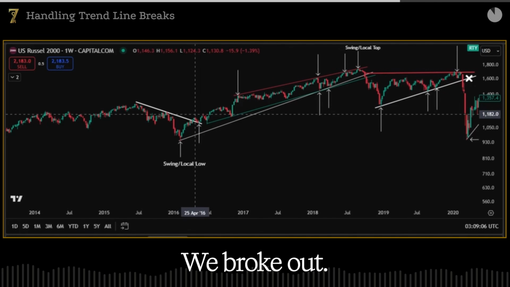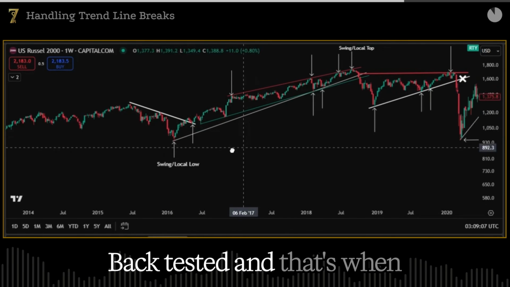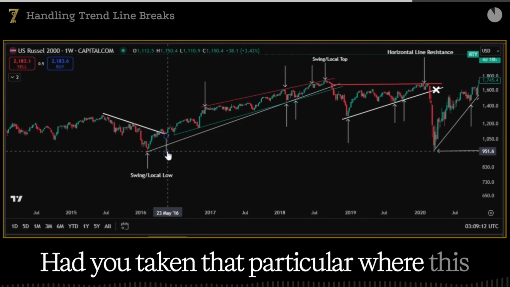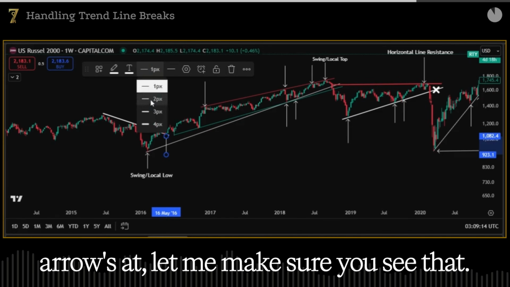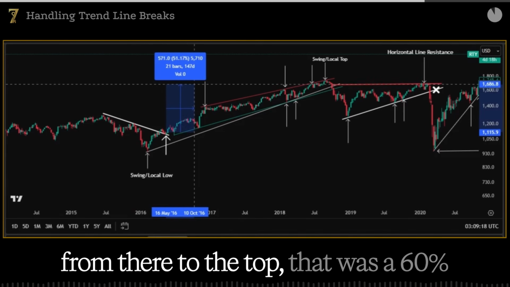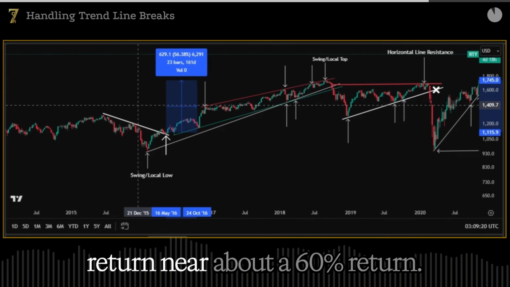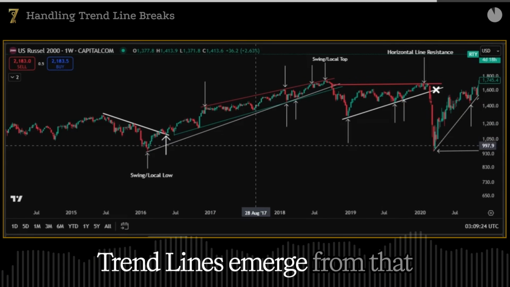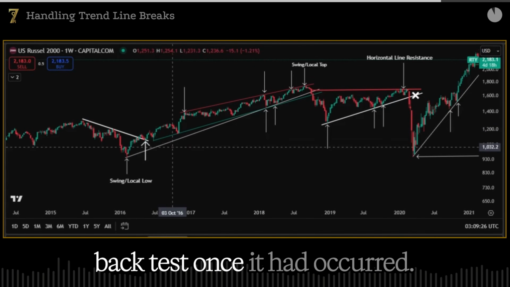We broke out, back tested, and that's when this new bullish trend emerged. Had you taken that particular trend, where this bold arrow is, from there to the top, that was a 60% return, near about a 60% return. And then, of course, we had two trend lines emerge from that back test once it had occurred.